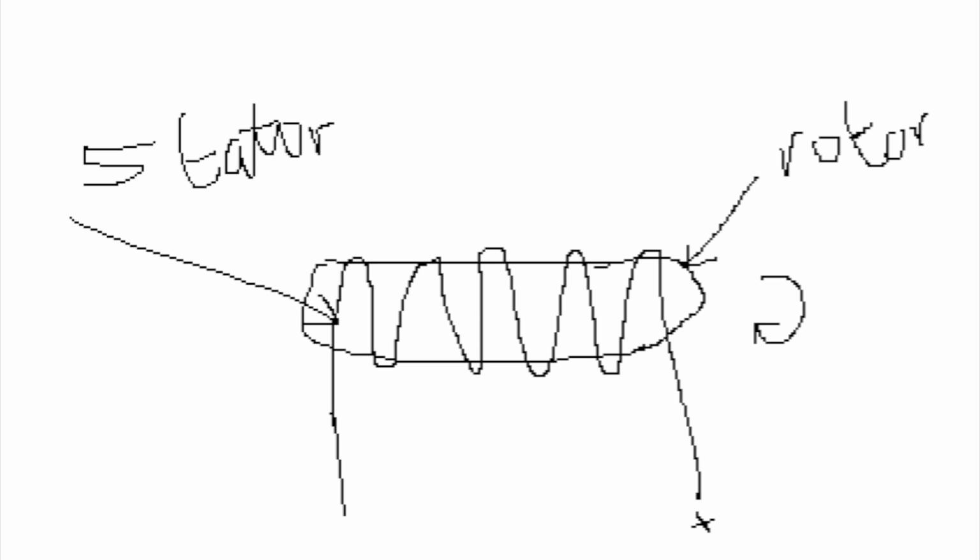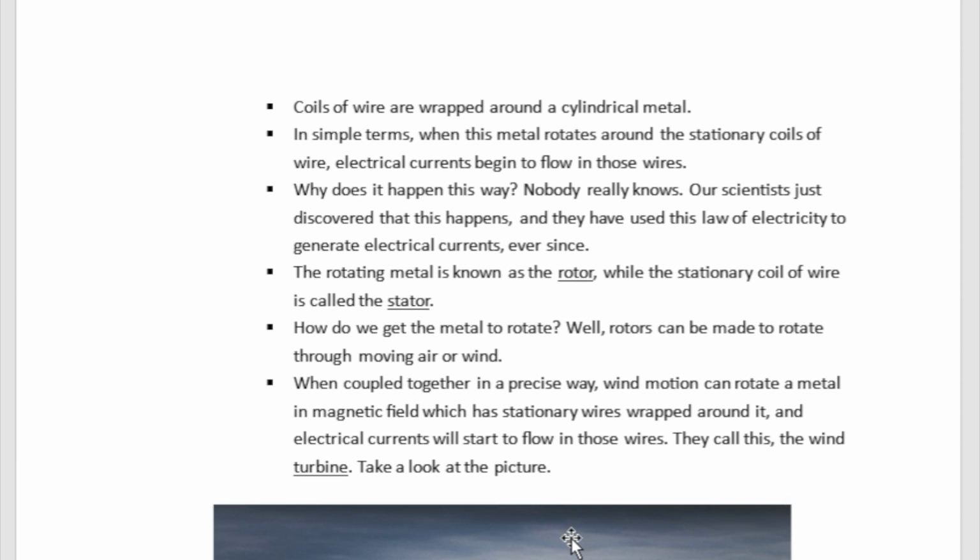So that's just the basic way electricity is generated. Why does that happen? We don't know. It's just a fact of nature that when you rotate a metal in a magnetic field, electrical current is going to be generated. And we've used that principle to generate multiple voltages and currents all through the years, and that's the principle behind the electricity that powers your home.